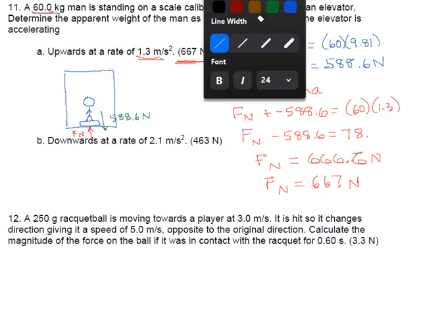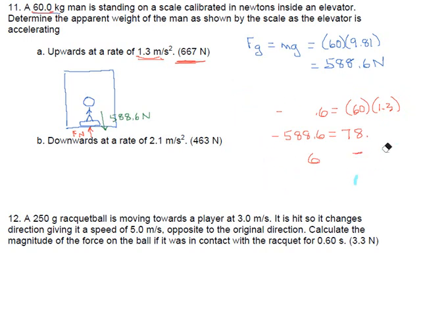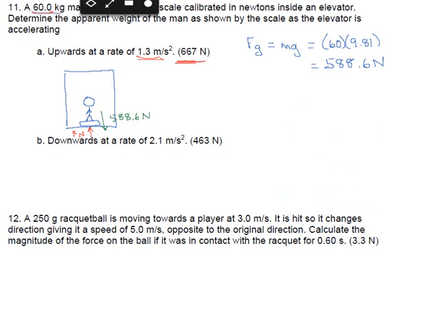Let's try it again. I'm keeping that 588.6 because we're going to need that again. That's the guy's weight when he's not in an elevator. If we set this up again, F net equals ma, we still have F normal and gravitational force together, making his net force.